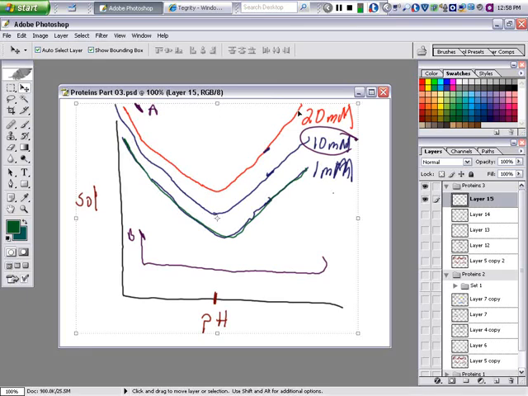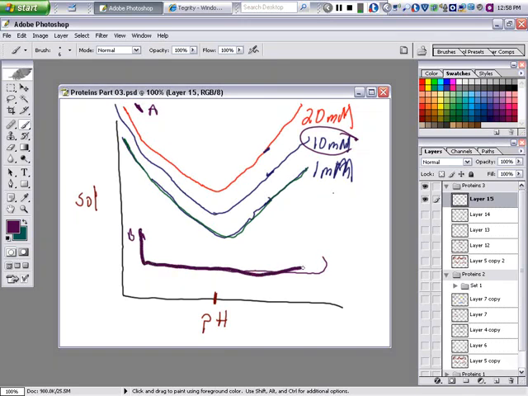However, eventually, if you get the salt concentration really high, and that's what I'm showing here, let's do this one in purple. Make this one really big. Here, this is going to be 10 molar.